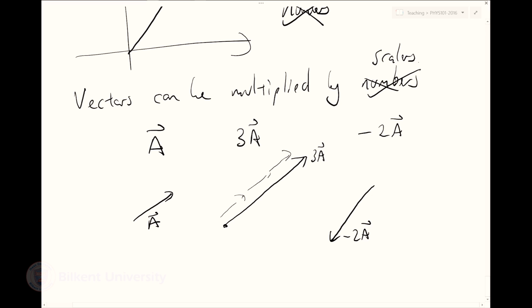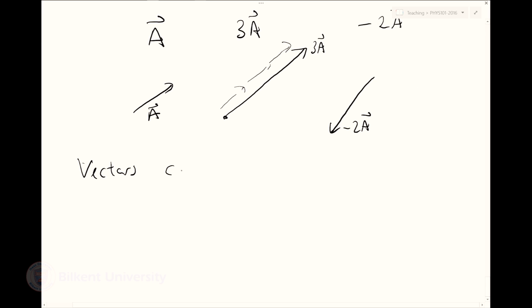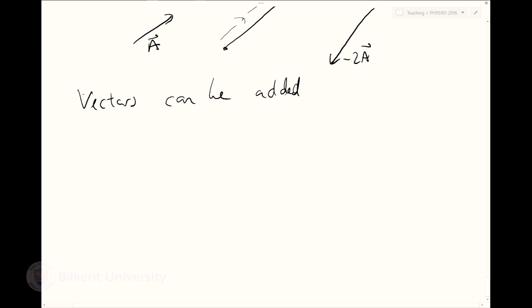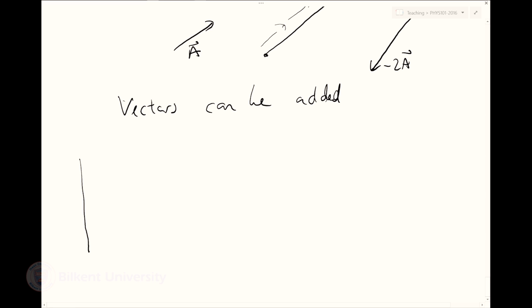That's great. Now, vectors can be added is our next rule. So what do I actually have? If I have two vectors, A and B, A plus B will be another vector.